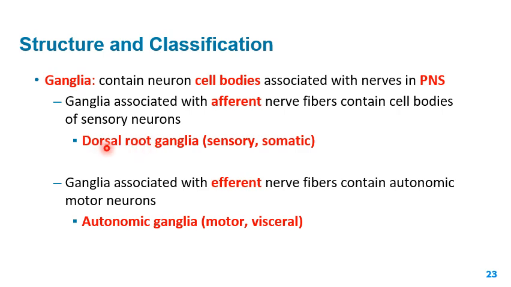Dorsal is more towards the back, the dorsal part of the anatomical localization that we've seen before. So basically those are going to be afferent types of neurons. If you have ganglia that are associated with efferent neurons, those are going to be to the front or ventral part of the spinal cord.